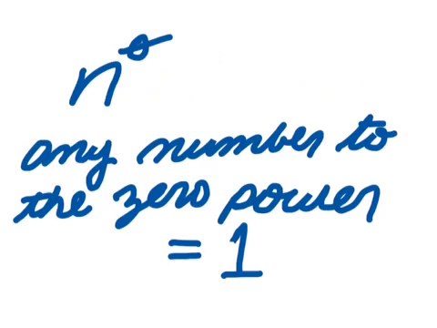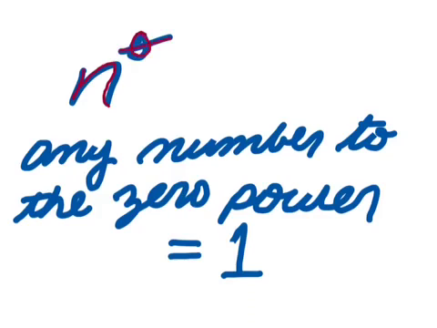Here's a rule that's very helpful on some problems because it makes it very easy to solve them. N represents any number you like. Any number in the world. N to the 0 power.